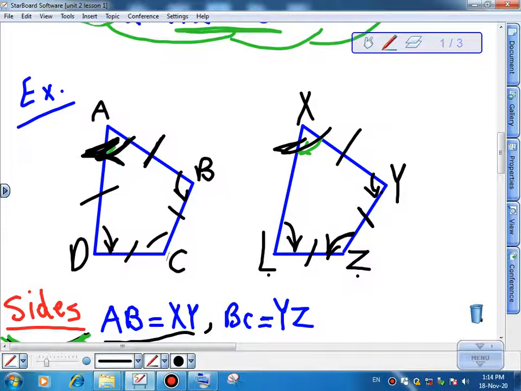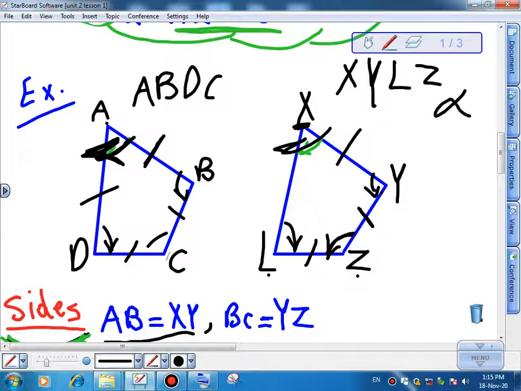So if I say polygon A, B, D, C, on the other side I will say the same order, the same arrangement. I will start from A, then I will start from X, Y, Z, L. If you put L before Z, it will be wrong, because L is not congruent with D. First with first, second with second, third with third, fourth with fourth.